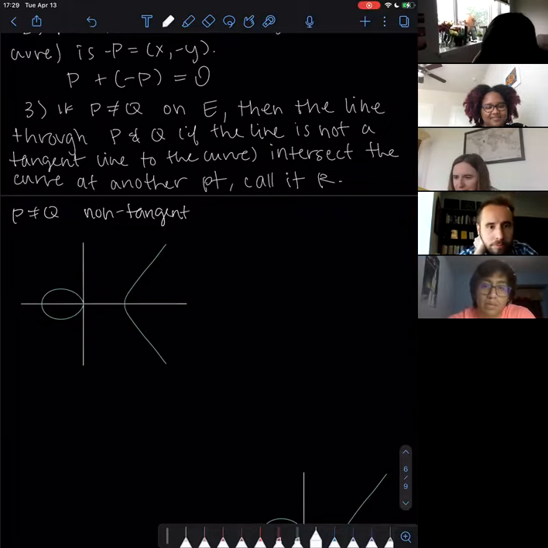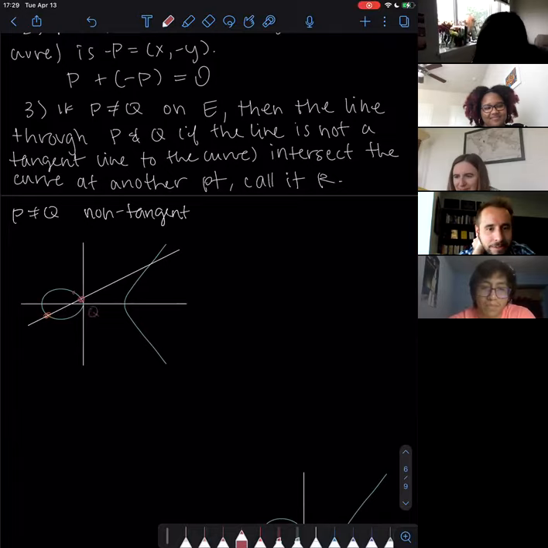So let's see, pick P and Q. Just want to make sure it ends up on my drawing. So maybe I'll draw the line first. But this should work for any 2 points you pick. I just didn't draw enough of my curve.